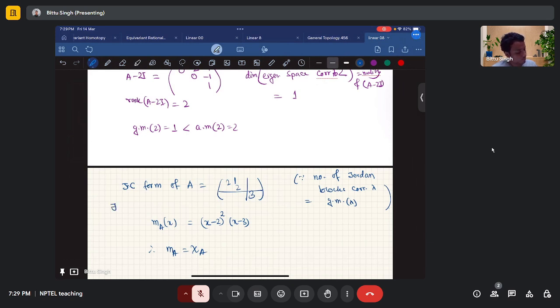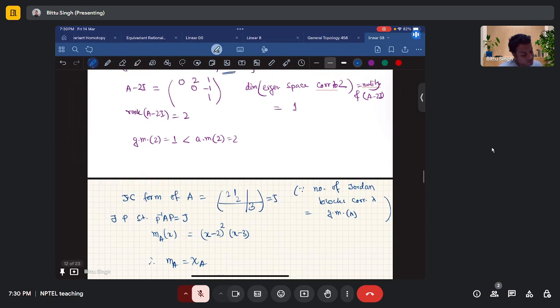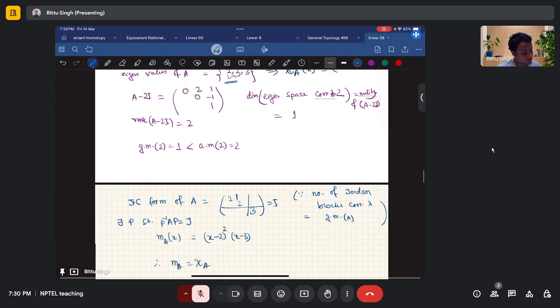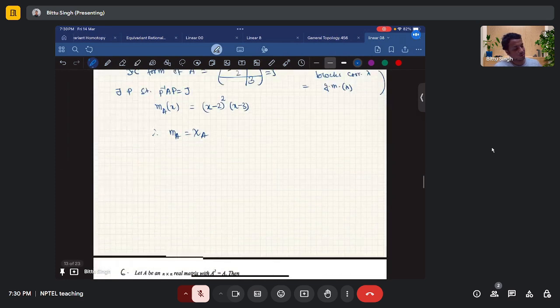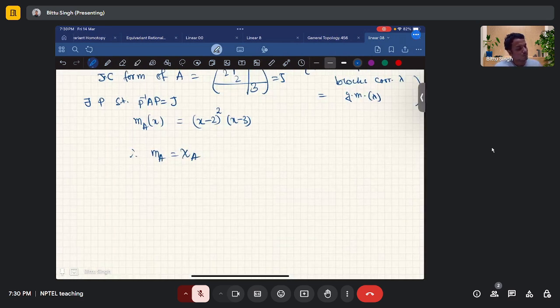Therefore there exists some P such that P inverse AP equals this Jordan canonical form, which we denote by J. So A and J are similar, but whether they are similar over the field of rational numbers or not, let us see explicitly.